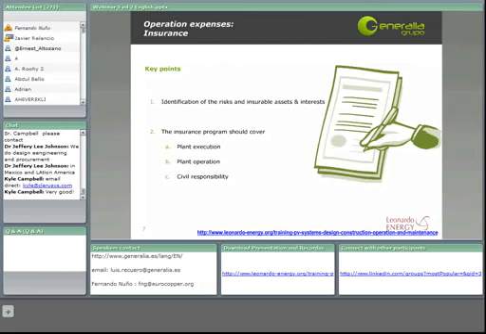As we will see later, the plant execution will always have all-risk insurance. Well, it is recommended, but for the plant operation we can choose from a multi-risk insurance or an all-risk insurance. Anyway, we will talk about it later.